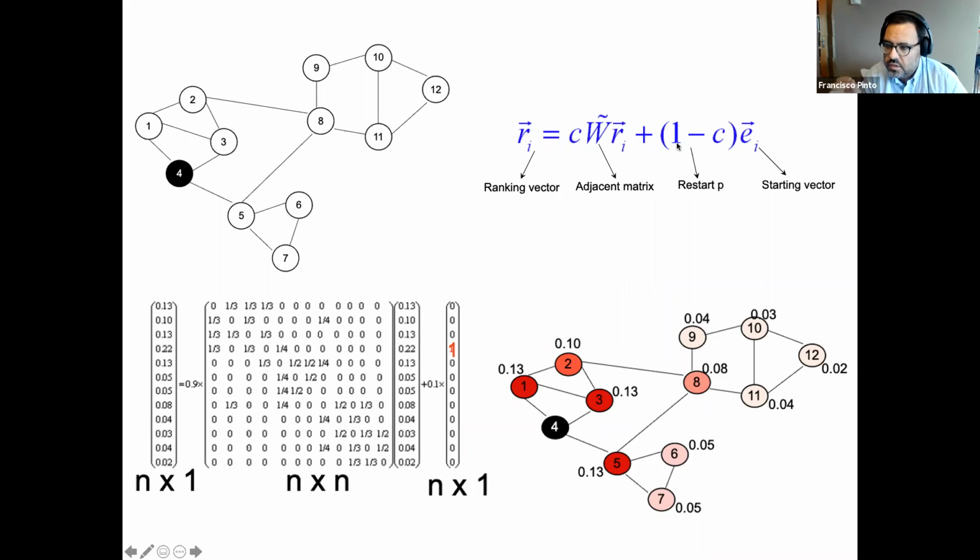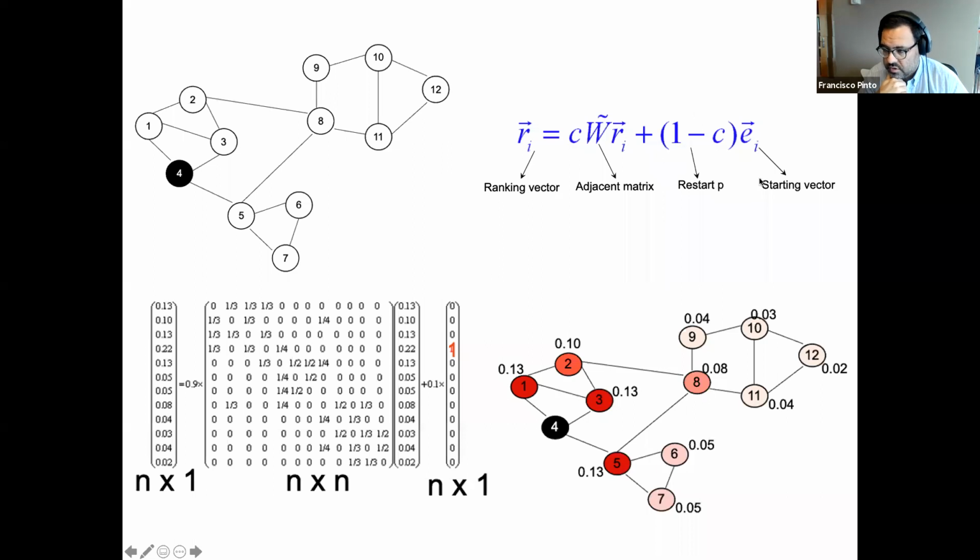Of course, as in this case, if you are parameterizing the method with the damping probability and not the restart probability, then if the damping is closer to 1, in practice, the ranking vector that you will get is more close to the degree distribution.